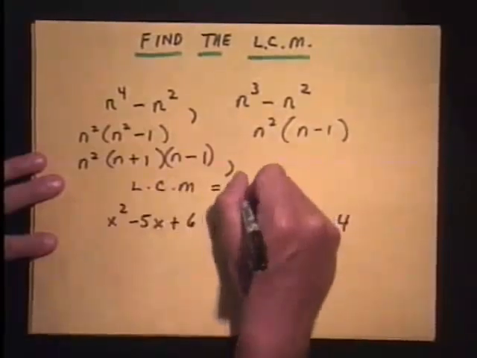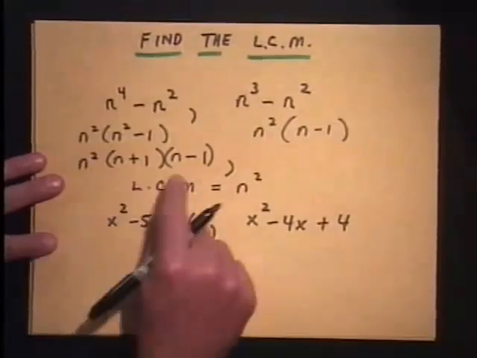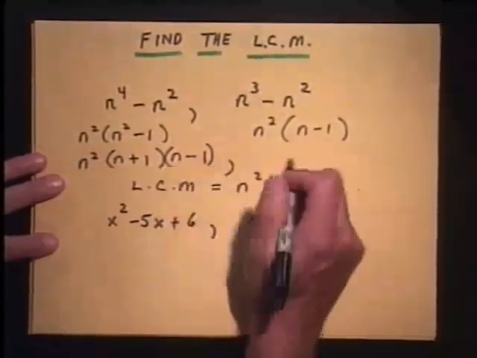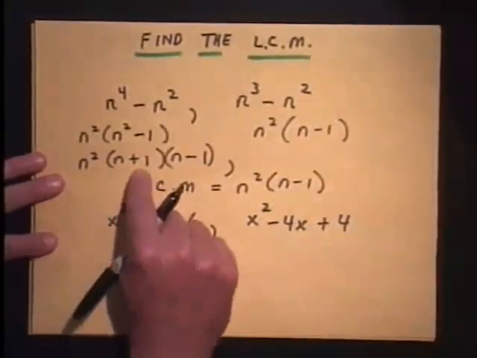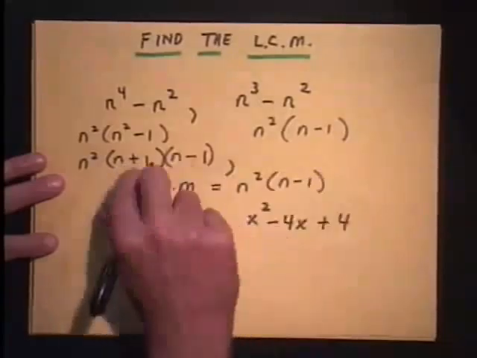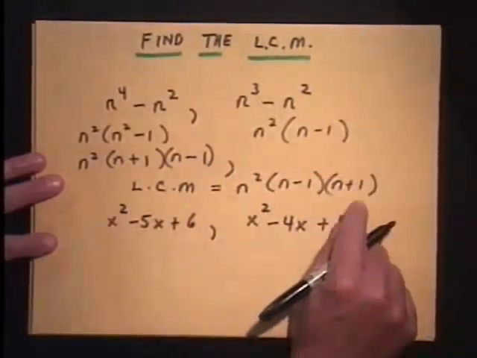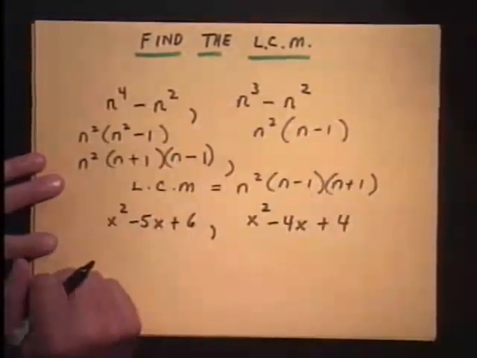Well, I see an n squared in common in both of these. All right, what else is in common? Well, n minus 1s are in common. How many? The most in either one of these two is 1. And there's something else we need, an n plus 1. So the most n plus 1s, although this is the only one that has 1, gets thrown into our LCM pot. And there is the LCM of these polynomials.